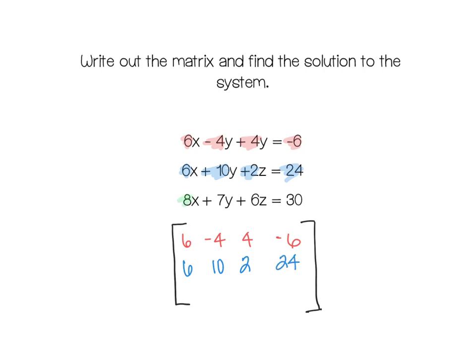For the third equation, 8, 7, 6, and 30. Go ahead and pause this video, take a couple seconds to input this into your calculator and actually solve the matrix.